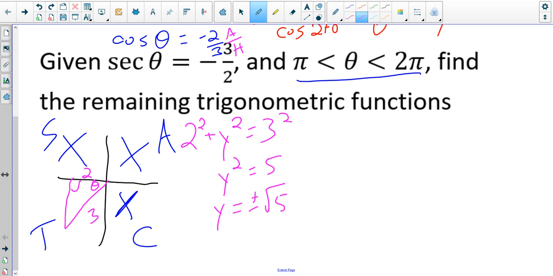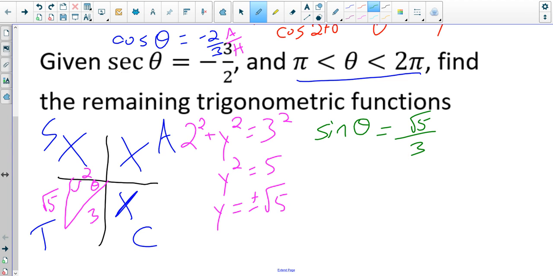I'm not worried about the plus or minus sign at this point because I can worry about the positive or negative of the trig functions at the very end of the problem. So the sine of theta would be equal to the opposite over hypotenuse, so that's the square root of 5 over 3.